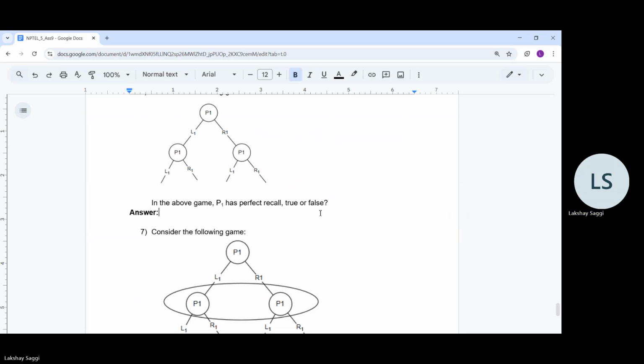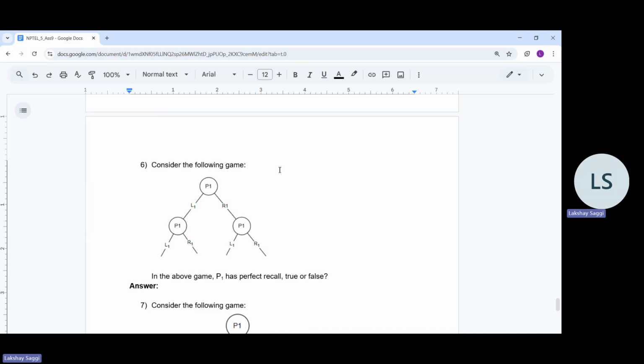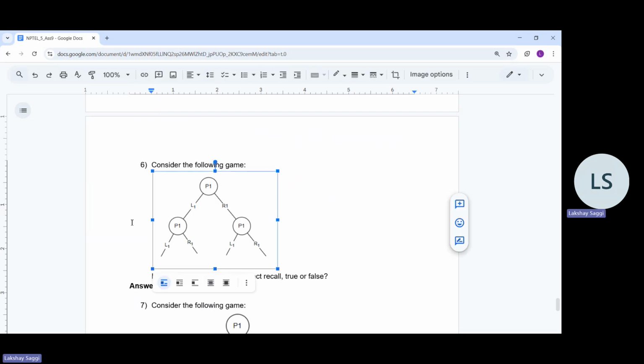So the question is, consider the following extensive form game. It's a dynamic game. In this game, initially P1 is playing L1 or R1, and in the second step also P1 is playing.